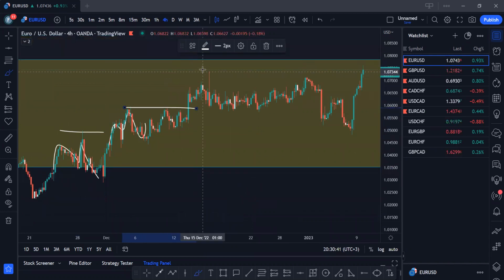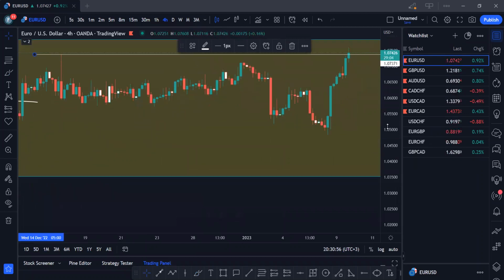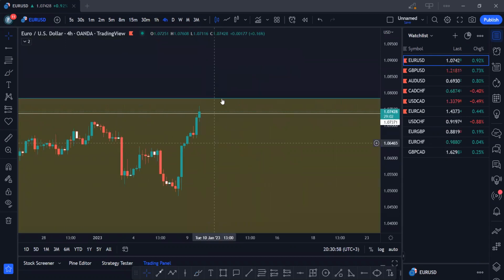We have seen highs taken out. So price is currently liquidating here. So you see multiple liquidation on 4-hour time frame.